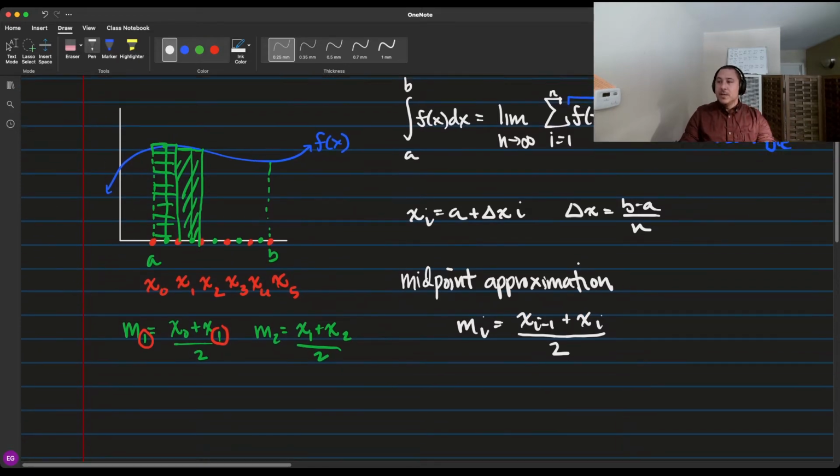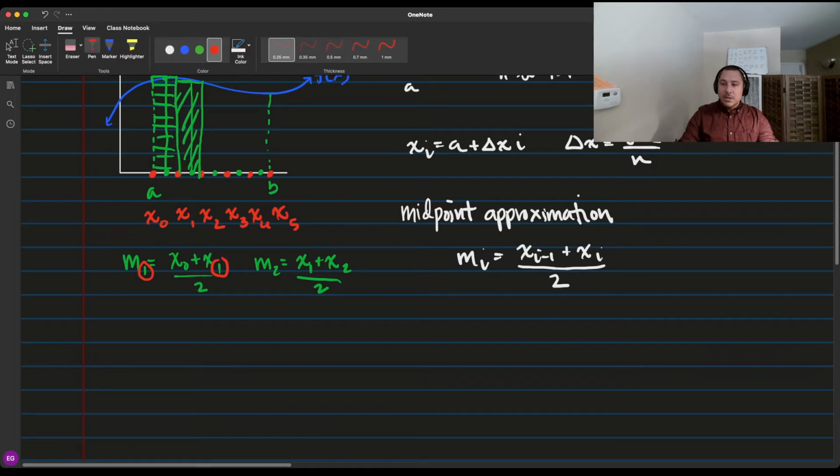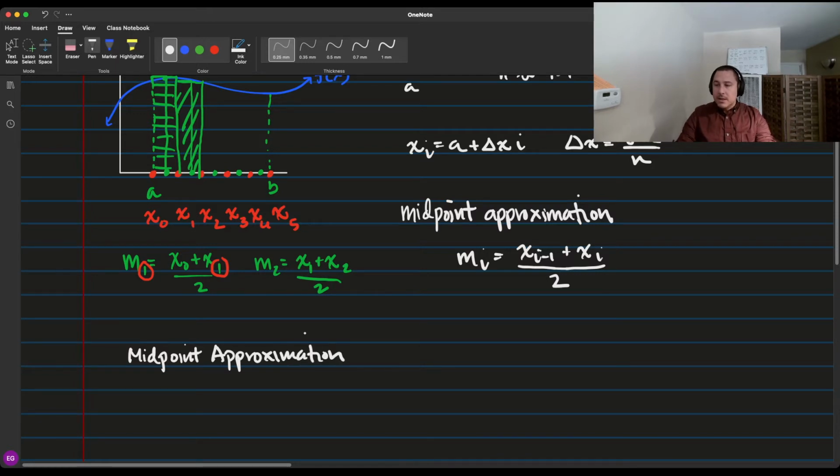What's pretty cool is if you want to do your midpoint approximation, it's going to work very much like what we did before. You're going to have a sum where i goes from 1 to n, but now you're going to have f of mi times delta x.